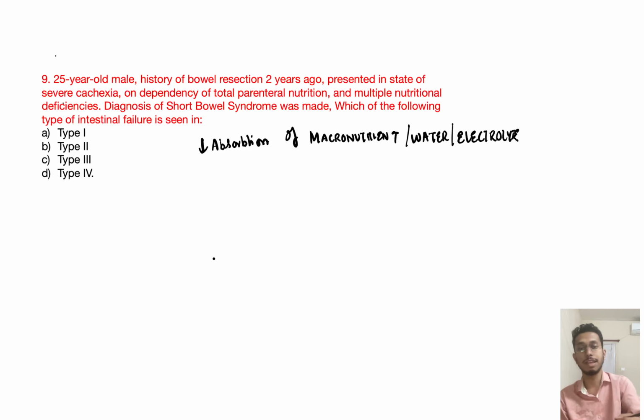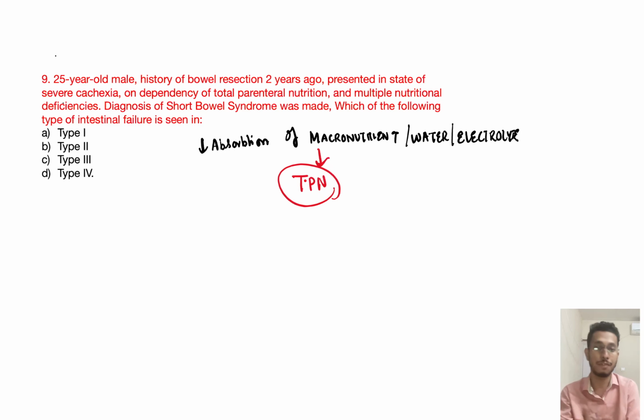Now, how much decrease of macronutrient, water, electrolyte? So, that much which is enough, and we need to supplement the patient with total parenteral nutrition. So, this is the definition of intestinal failure. This is given by ESPEN guidelines. They have classified intestinal failure based on the functional classification, pathophysiological classification as well as clinical classification.